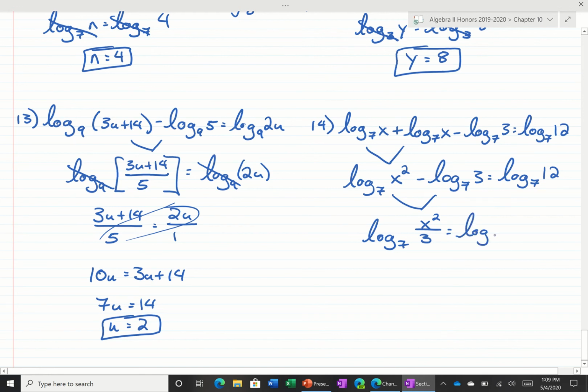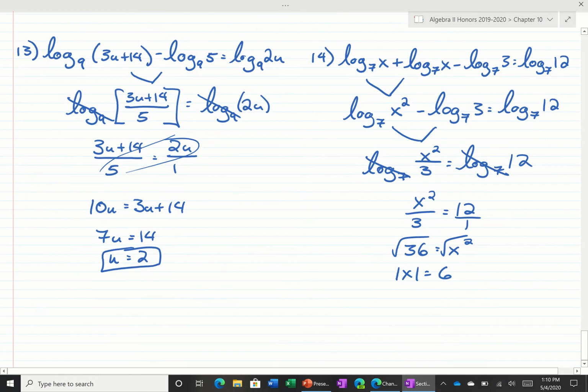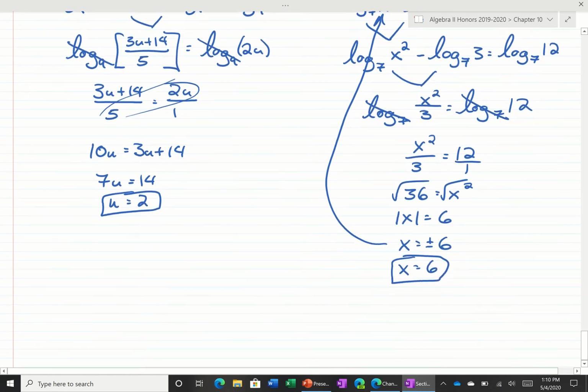Property of equality would cancel these. We could cross multiply. 12 times 3 is 36. It's equal to x squared. Taking the square root would be absolute value of x is 6. So x would equal plus or minus 6. But we know we can't use negative 6 because that would make the argument negative. So x would just equal 6.